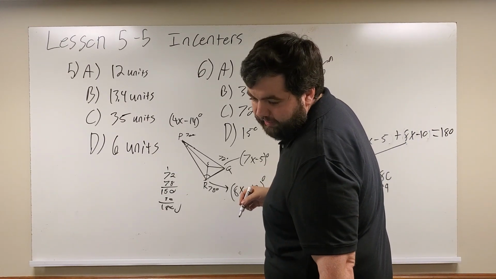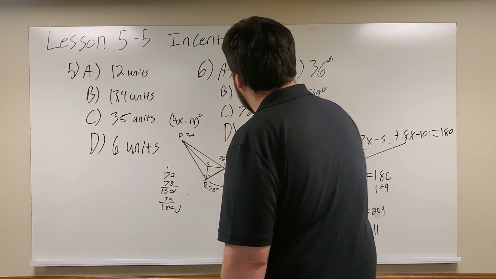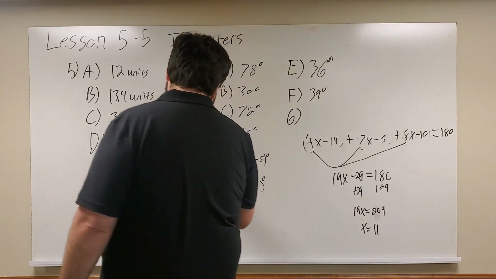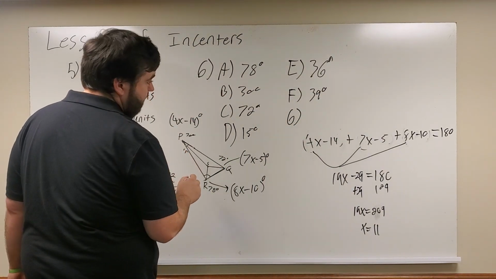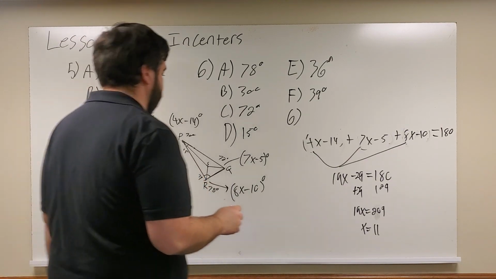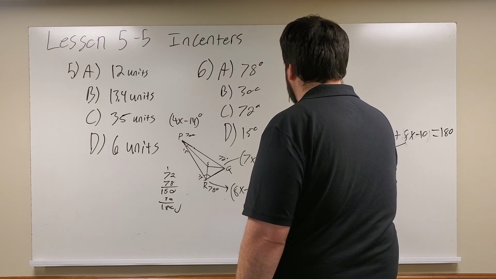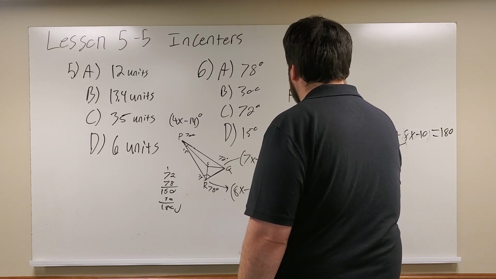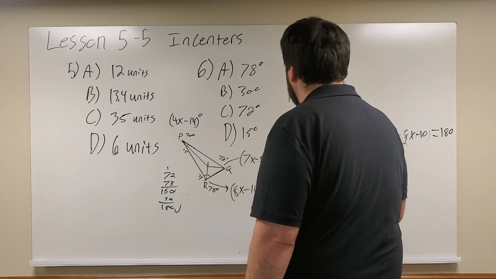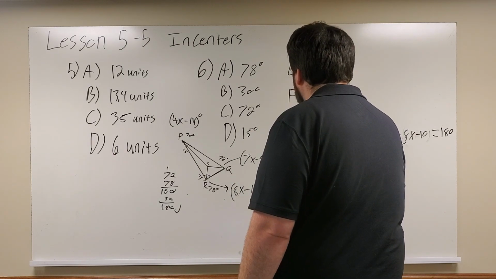And finally, PSR. So we know that this one is 15 degrees. We know that this one is 39 degrees. We add them together, 15 and 39, you get 54.